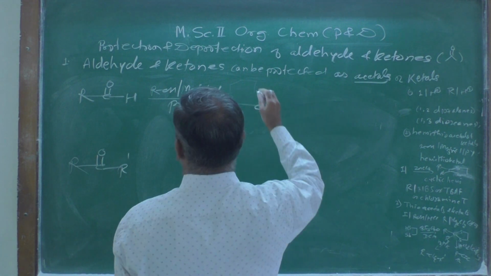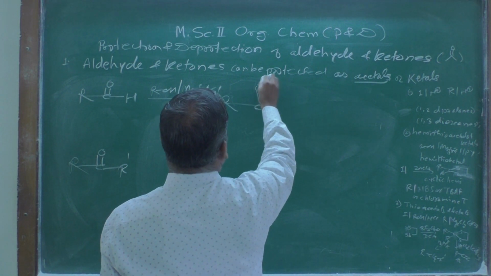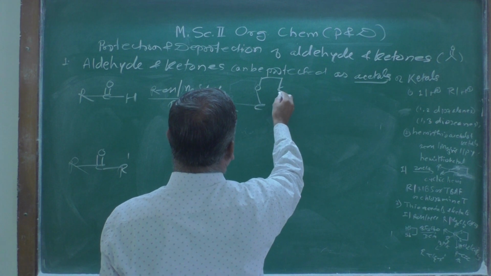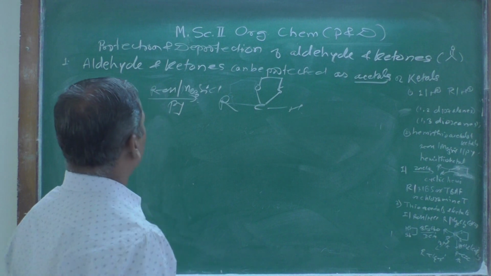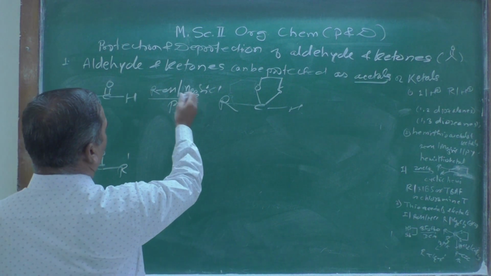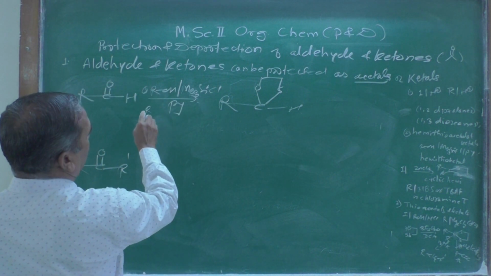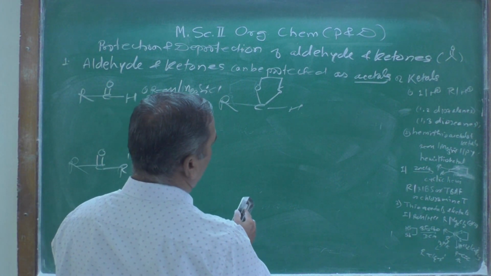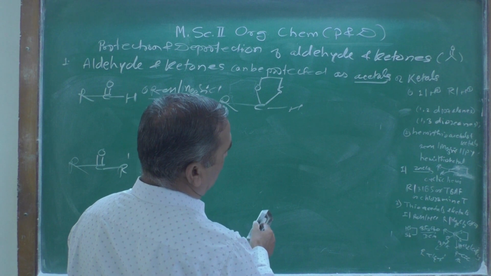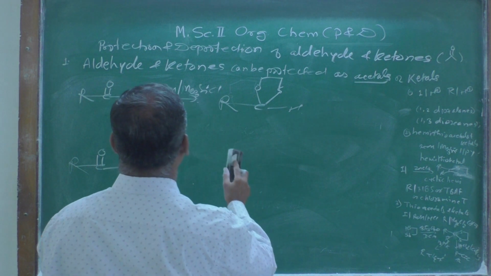Here R, then O, then this one and H. This type of the compound you may get further here, and then R, I think this is a hemiacetal and the thioketal formation.